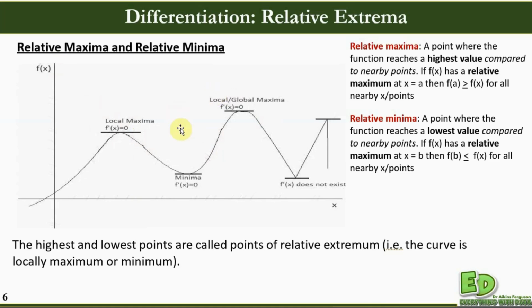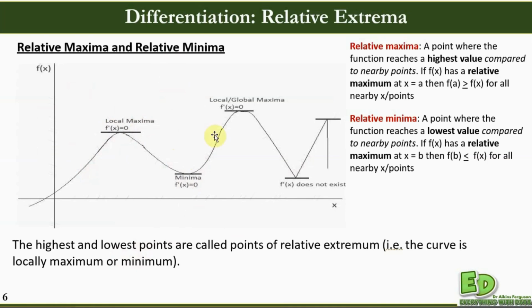So let's take the maxima as maximum profit or maximum revenue, and minima as minimum cost, right?